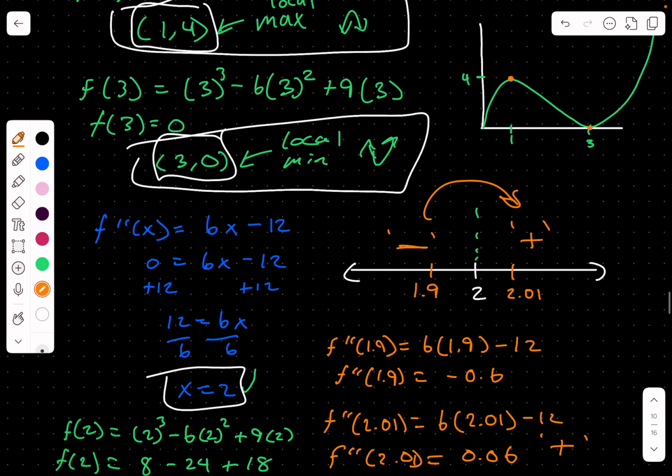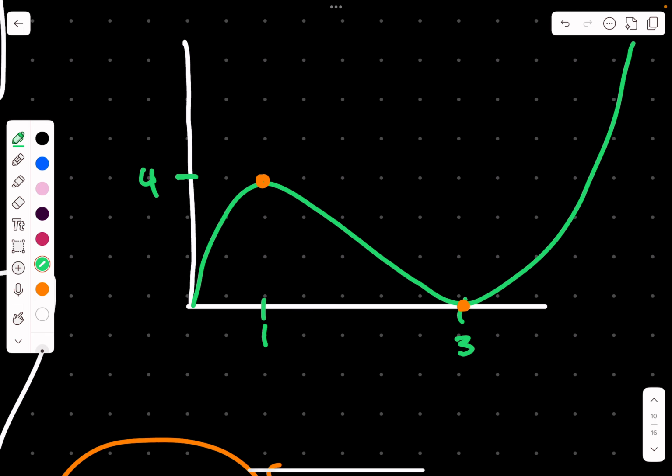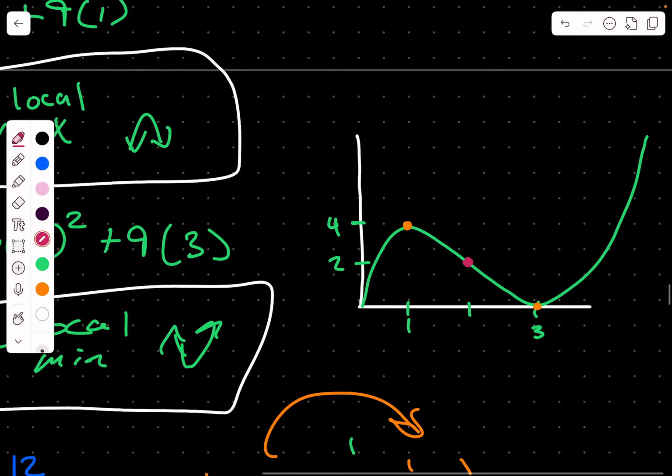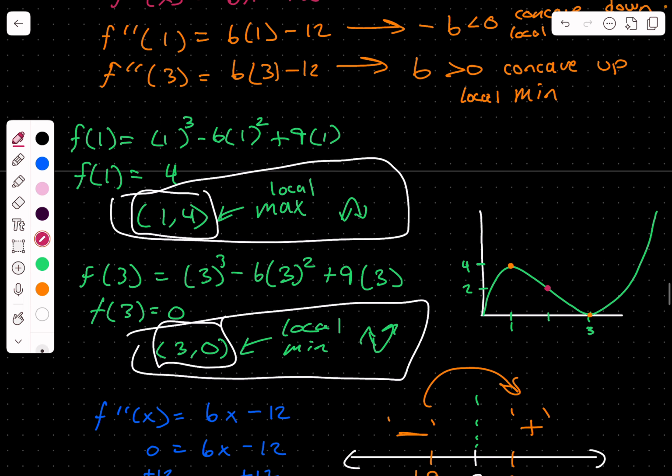Let's see. Our inflection point is (2, 2). And guess what? That would be right about here. And that is indeed where a point of our curve changes in direction of curvature, right? We just fact checked it, so we are all good.